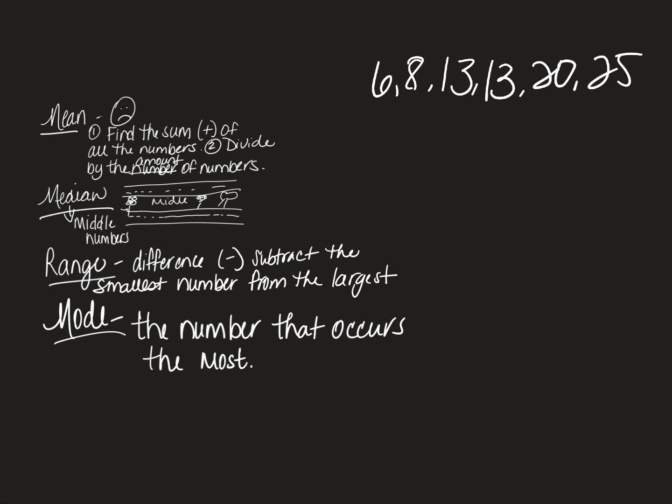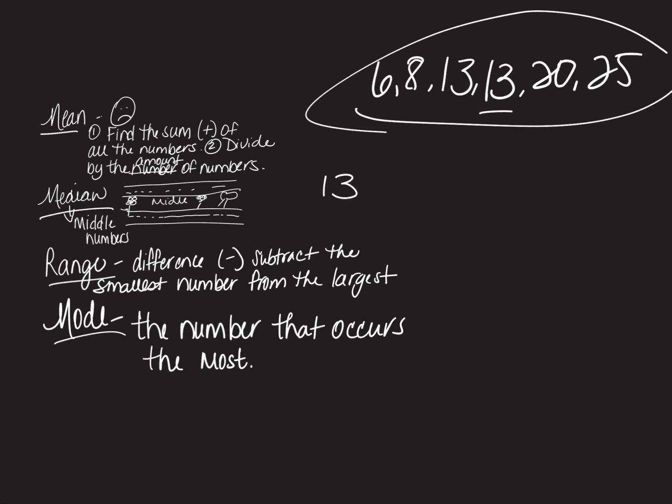Well, we're not going to do that right now, but we know what to do. We're going to add all these numbers up and divide by 5. The median would be what? 13. The range would be 25 minus 6, which is 19. And the mode would be what? 13. It's the number that occurs the most.